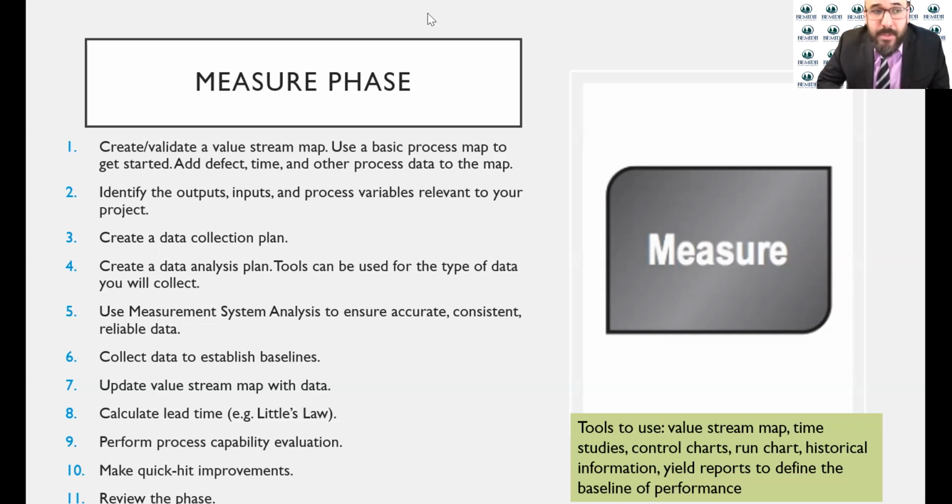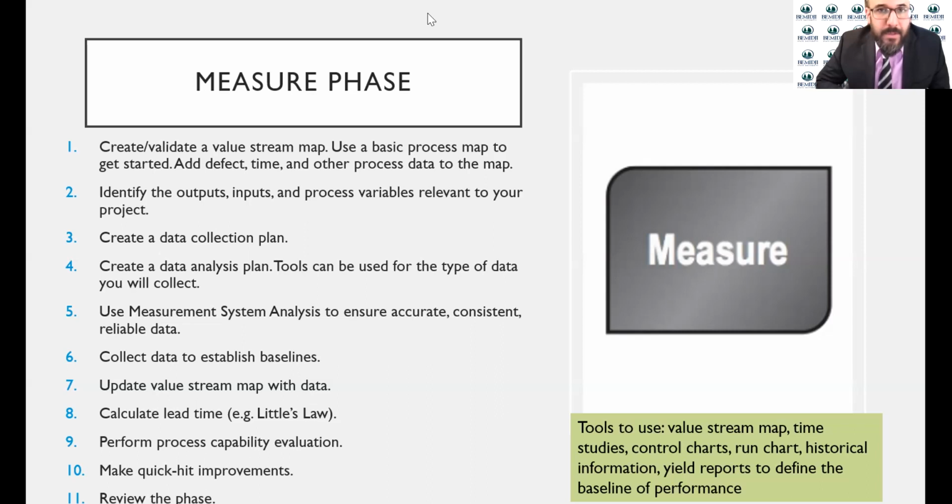Identify the outputs, the inputs, and process variables relevant to your project. Create a data collection plan. What is your plan to do the measurement? Do you have a plan? If you're doing a time study, for example, are you going to do just one time study, or are you going to do 3 or 4 or 5 and then take the average?